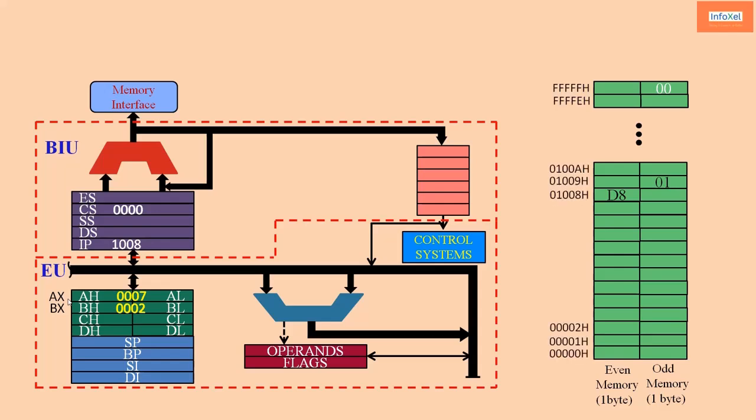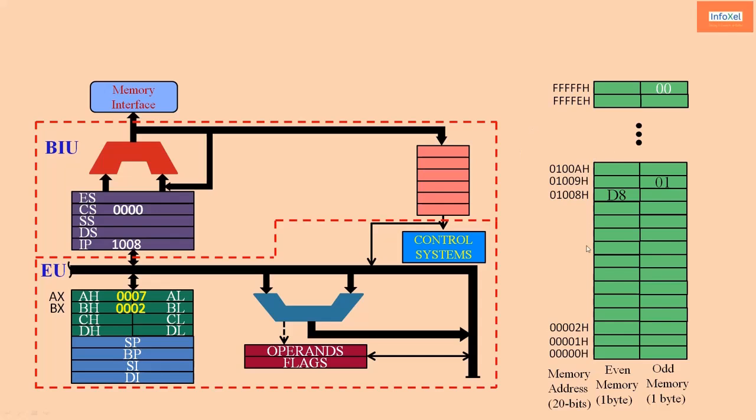Now this is the memory address, a 16-bit memory address. The first one, 5 zeros, is the even address, for even memory. Then 401 is the odd address, which is for odd memory, and then again we have 402, which is for even memory, and next 403, which is for odd memory.